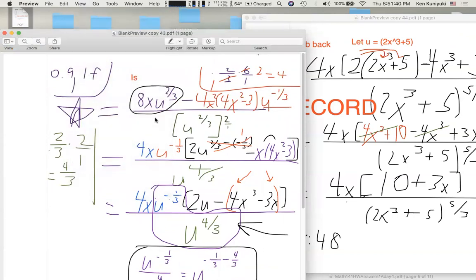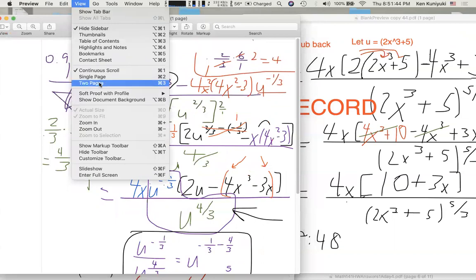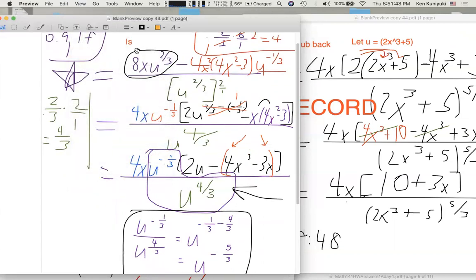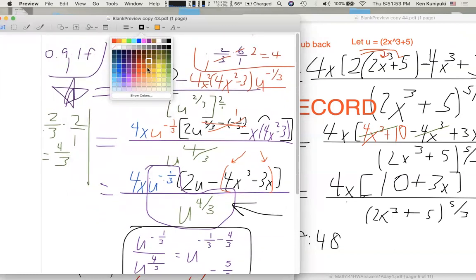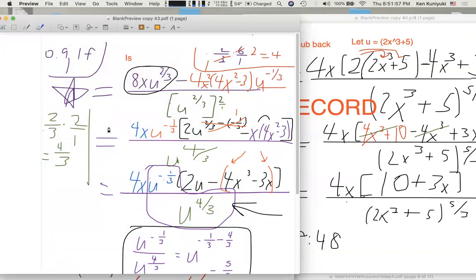So I'll reiterate this. All right, so let's see here. I claim that this is the GCF. Okay, 4x times u to the negative 1/3. I claim that's the GCF.